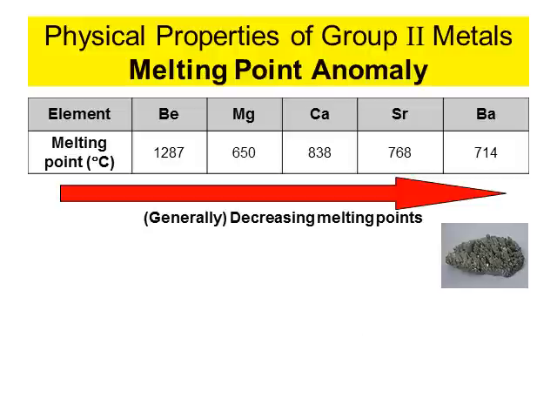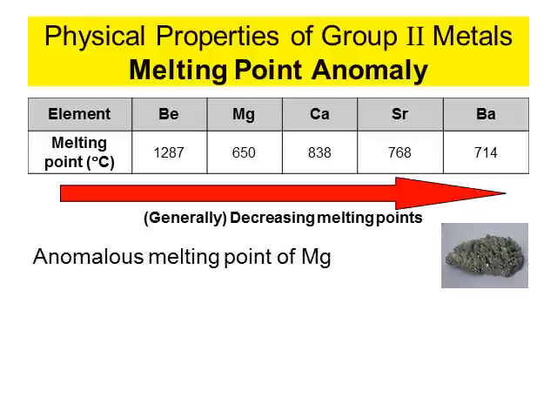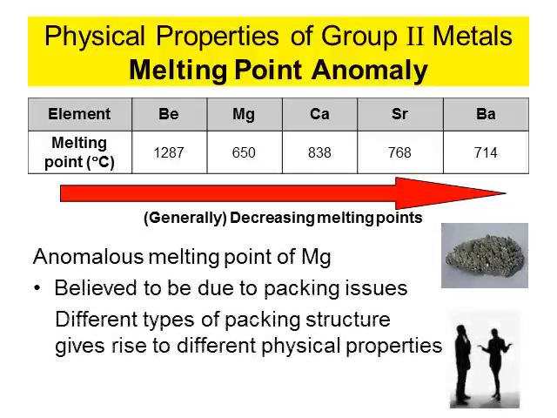Now, what is of course interesting is the little metal that you see on your right there. This guy is, of course, magnesium. Magnesium has a very strange effect, which is that it has a melting point of 650 degrees Celsius. That is even lower than that of barium. The reason that scientists offer for this is essentially based on the packing.